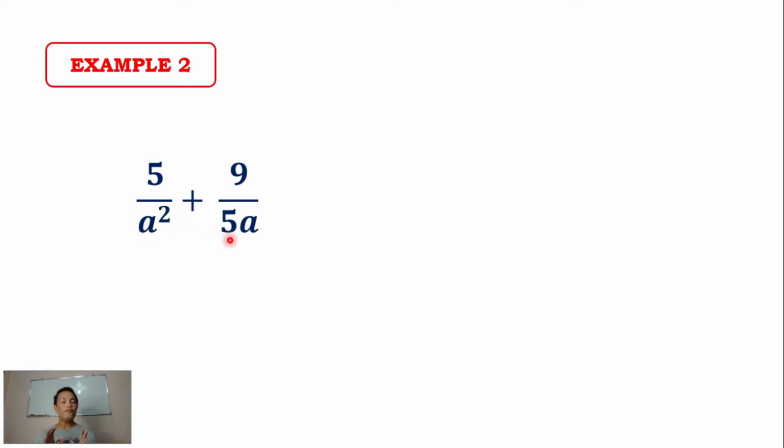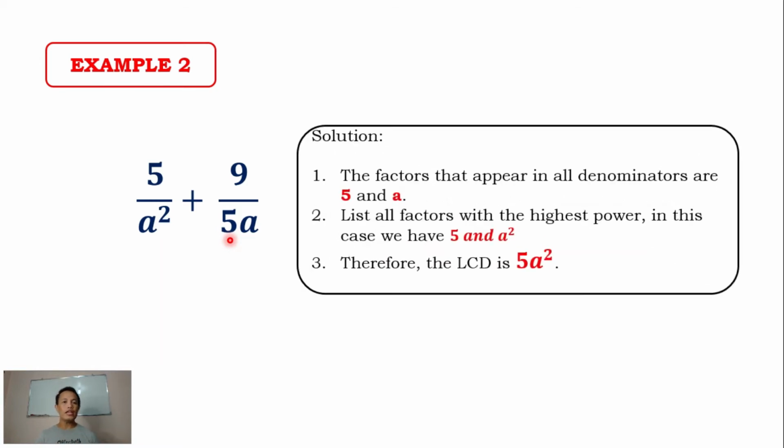Now we have 5, which has no other factors except 1, that is 5 times 1. So the factors that appear in all the denominators are 5 and a. We list all factors with the highest power. We have 5 because there are no other factors of 5 except 5 times 1. We list down the 5 other than 1.